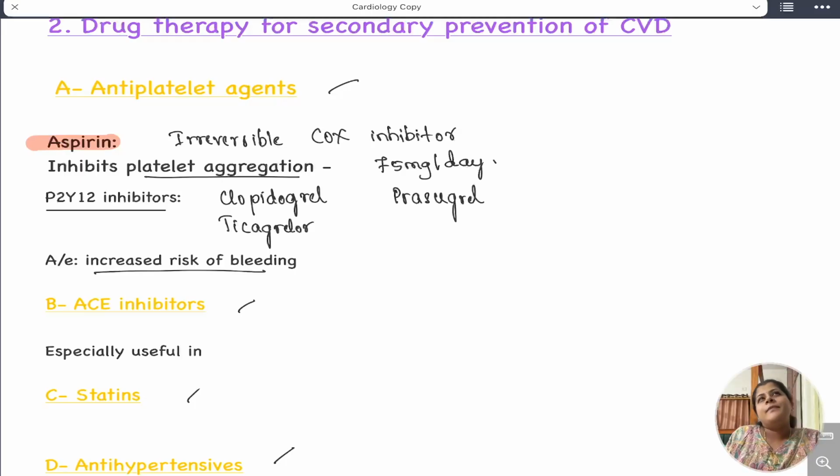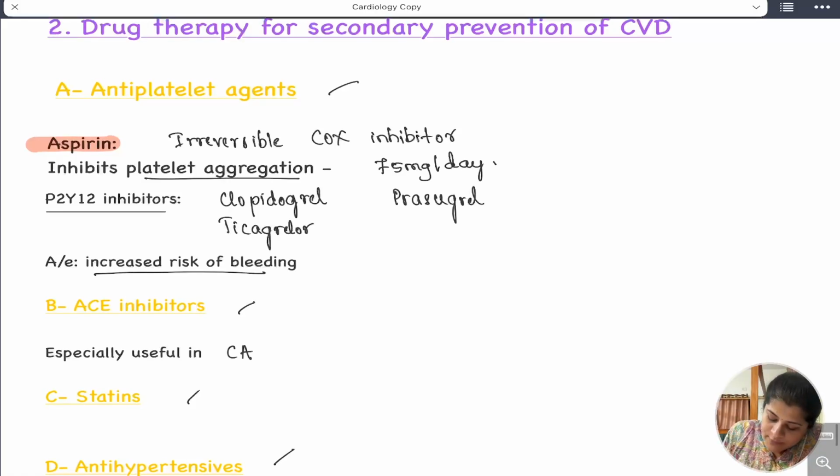One very interesting thing about this: you know that ACE inhibitors are used in the management of hypertension, but one thing you should remember here is it is especially useful in a patient with IHD with diabetes mellitus, coronary artery disease plus diabetes mellitus, and if the patient has coronary artery disease plus reduced left ventricular ejection fraction.